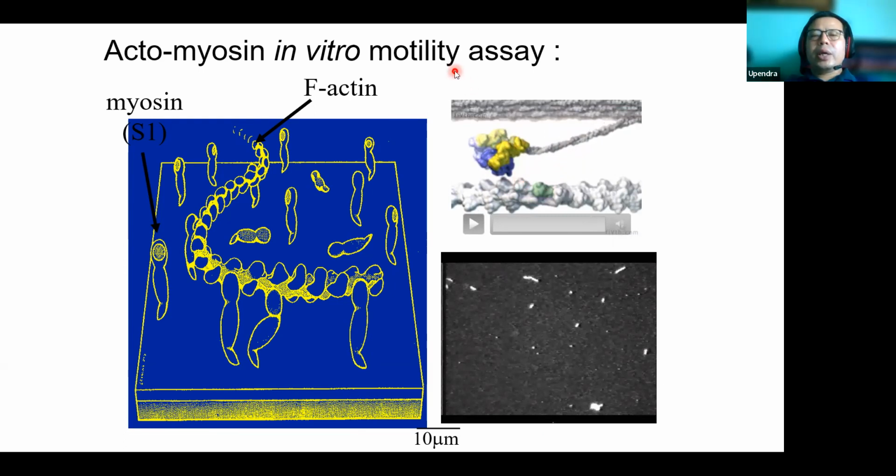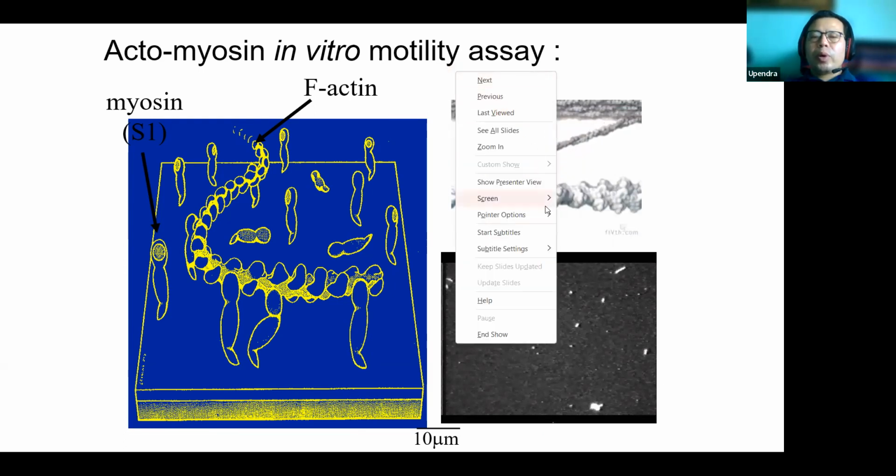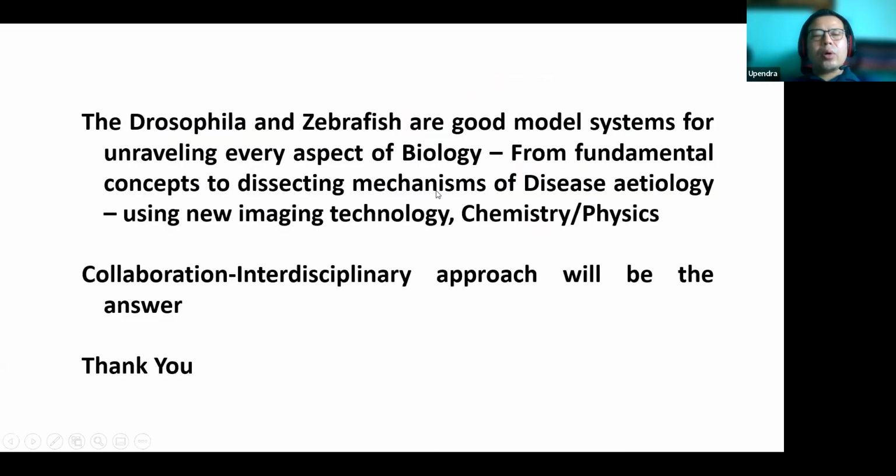Okay, I stop here. The whole point I'm trying to make is that it will depend on collaborations between different fields. If I want to address something now, I cannot do it without collaboration and help from people like Partha or Akash Gulyani. Akash is a chemistry person.